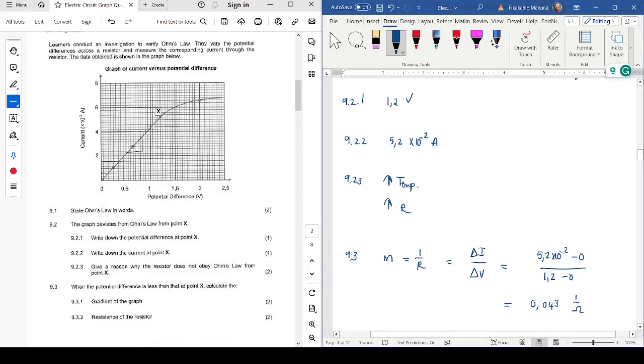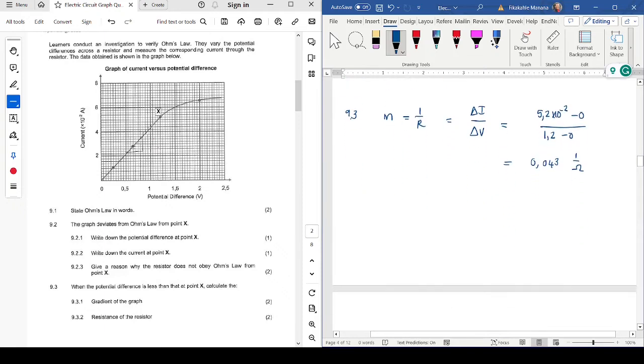But that's basically the gradient of the graph, 0,043. Actually, I don't even think I need to use a unit, but it's fine. We can keep it there.